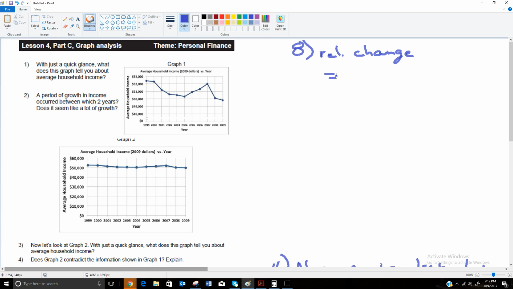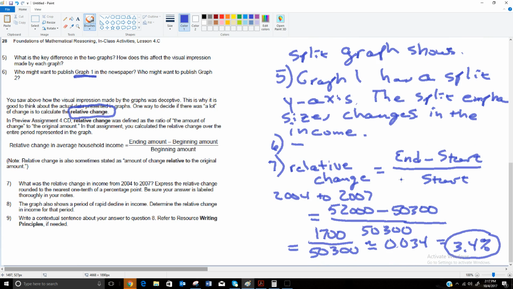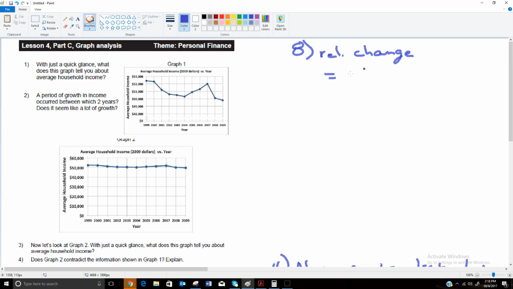It was the relative change that we were looking for. So that top number would be considered the actual or the absolute change. It absolutely changed $1,700, but they wanted us to compare that to where it started. So overall, in comparison to where it started, this is an absolute change and this is the relative change, 3.4%. So in this case, we need to again do end minus start over start.